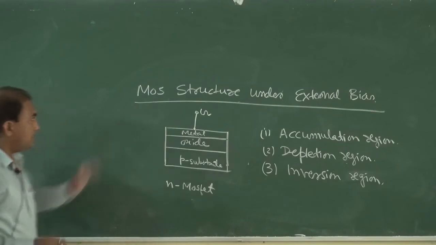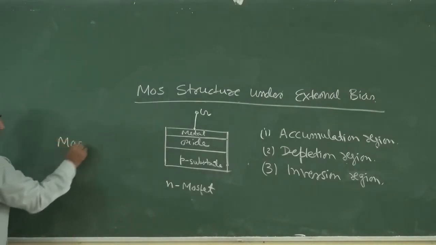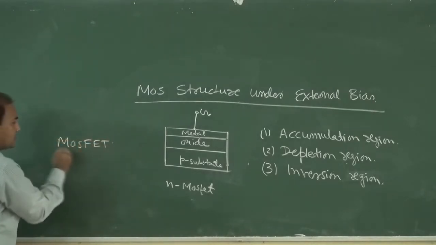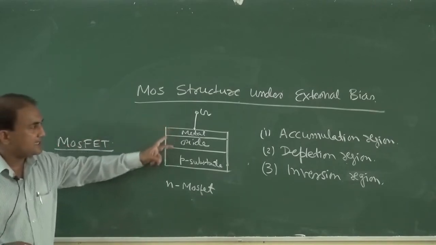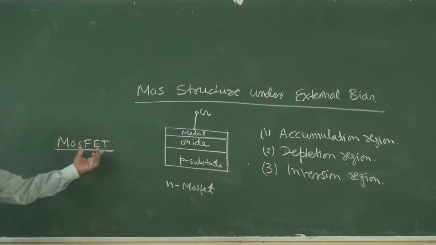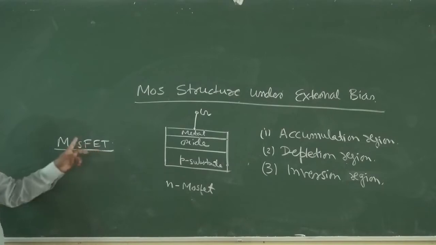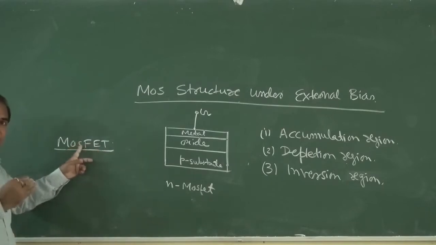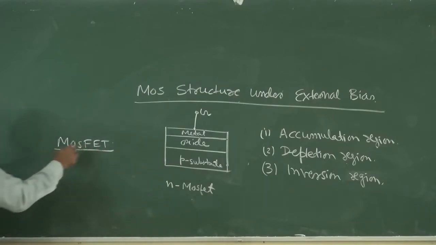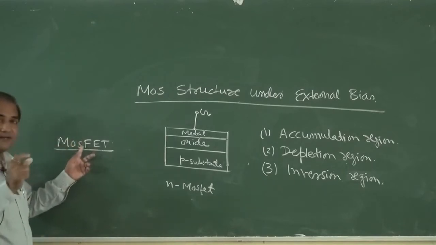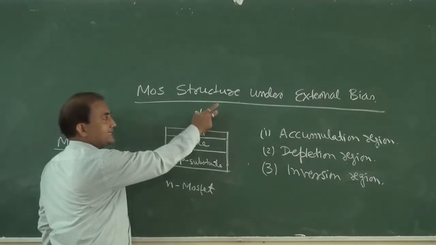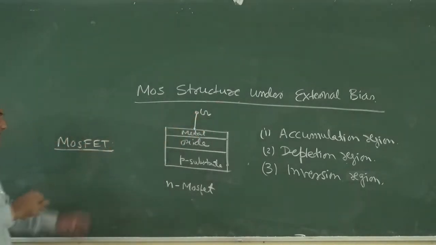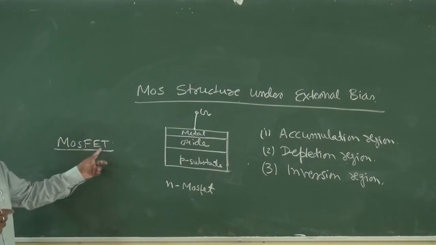So this is metal oxide semiconductor field effect transistor. We have studied this is metal oxide semiconductor, and why it has got the name of field effect transistor. The conduction in MOSFET takes place by creating an electric field due to the application of external voltage at the gate terminal. That is why it is known as field effect transistor.